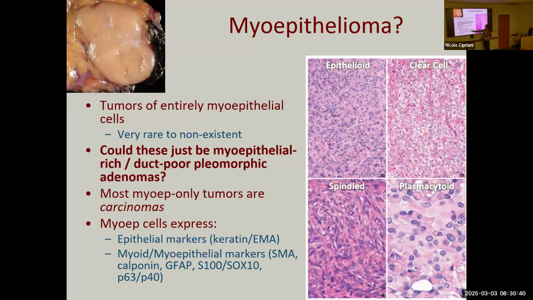So you have to have one of these and one of these, and you can't always know what that myoepithelial cell population is expressing. So we generally perform a panel of basaloid markers, a panel of neural crest markers, and a panel of contractile markers, okay? Because you never know which it's going to express.